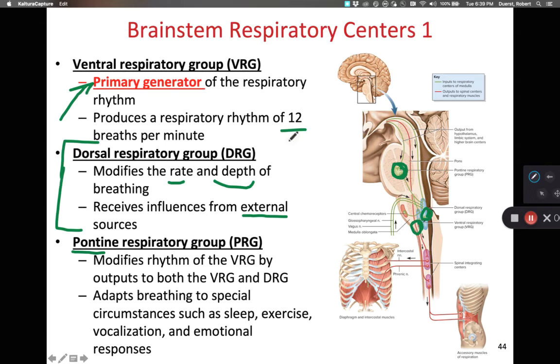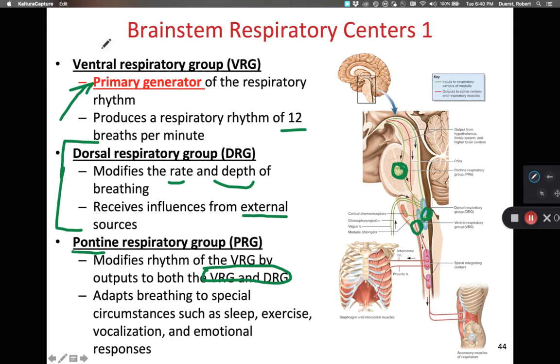So information from the peripheral nervous system is going to enter into the dorsal respiratory group, and from there we'll go to the ventral respiratory group. We're also going to receive information to that pontine respiratory group so that it can modify the output that is sent to the ventral respiratory group and dorsal respiratory group.